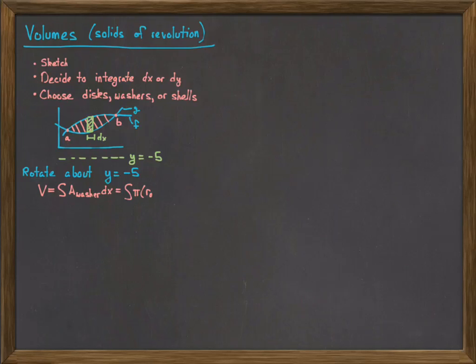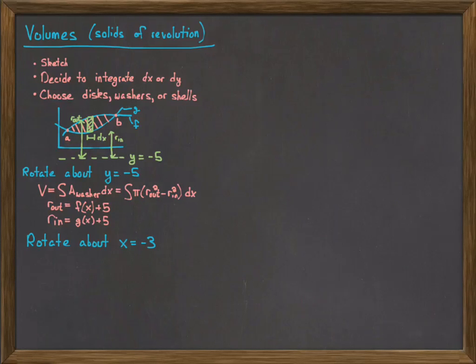The generic equation for a washer would be the integral of pi times outer radius squared minus inner radius squared dx, where the outer radius is the distance from the axis of rotation to the top of the element, which in this case would be f plus 5. The inner radius is the distance from the axis of rotation to the bottom of the element, which in this case would be g plus 5.